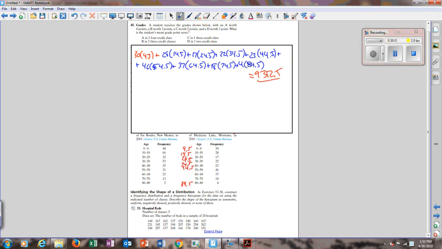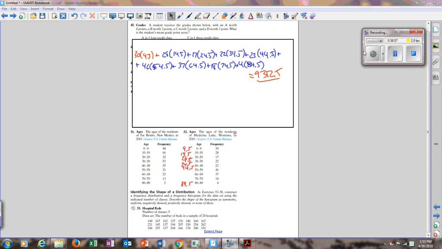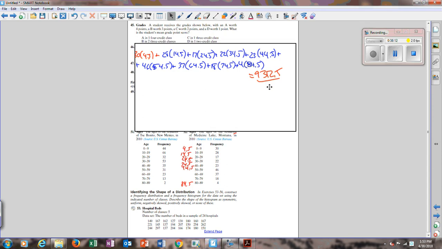Then we take that and divide it by the number of numbers, or the frequencies. And that number is 225. It's 9312.5 divided by 225. And that gives you 41.4.